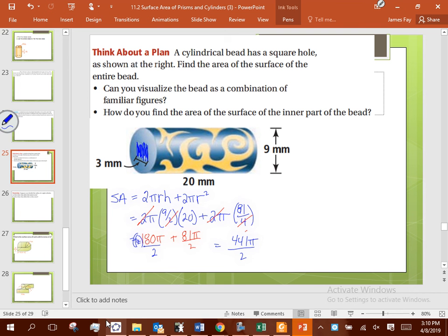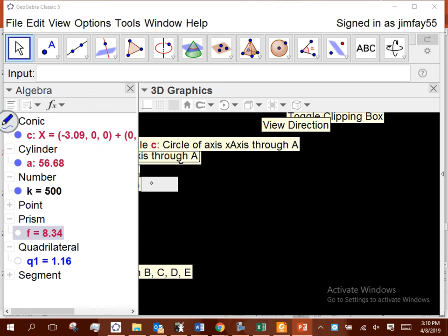I knew this was going to happen. We're lagging. Can't do that. All right, so I don't think that GeoGebra is going to be able to pop back open here. But maybe.